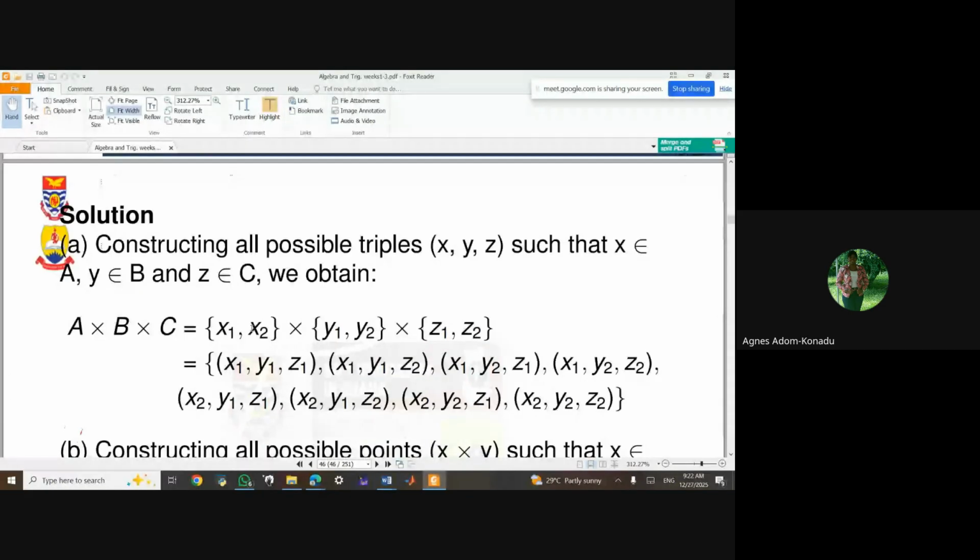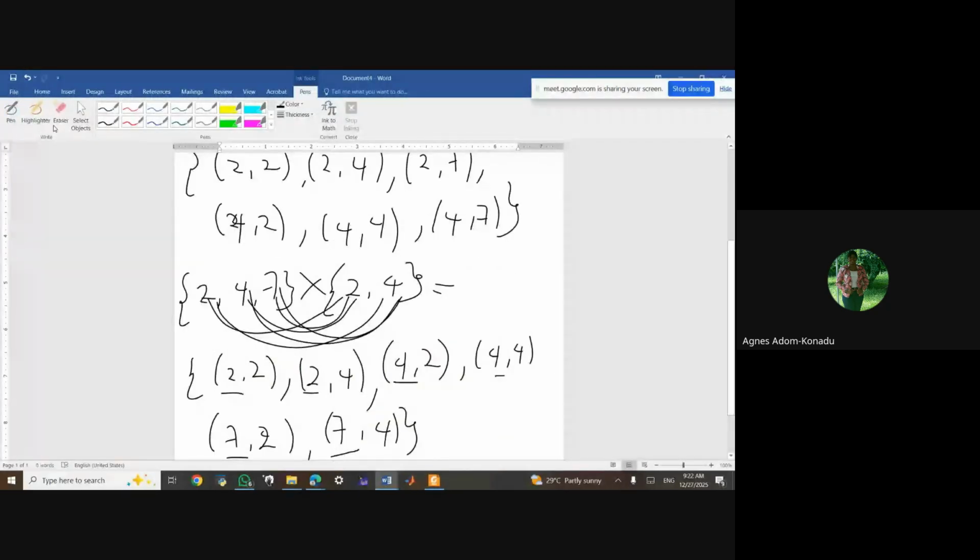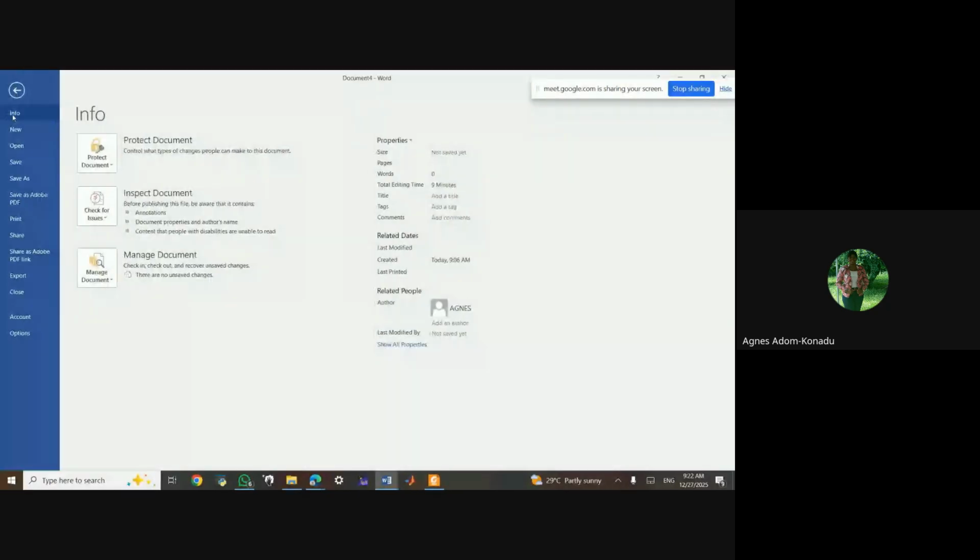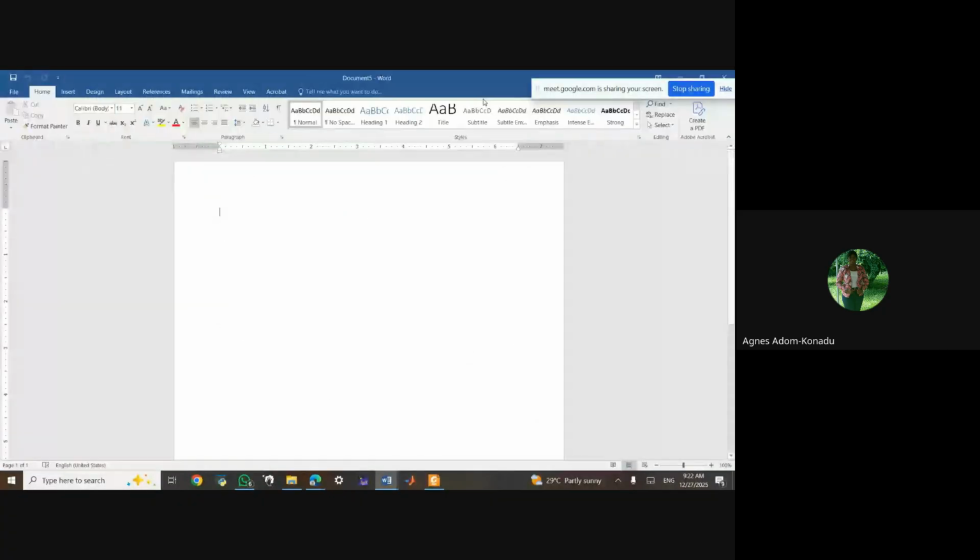Then x2, y2, z1. And then x2, y2, and then z2. So that's how I do the Cartesian products. So let me just try, and then let's try and write one out.